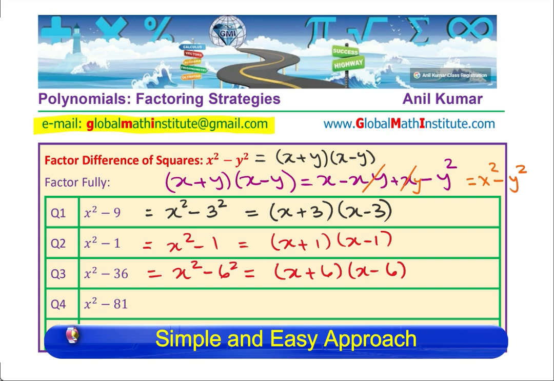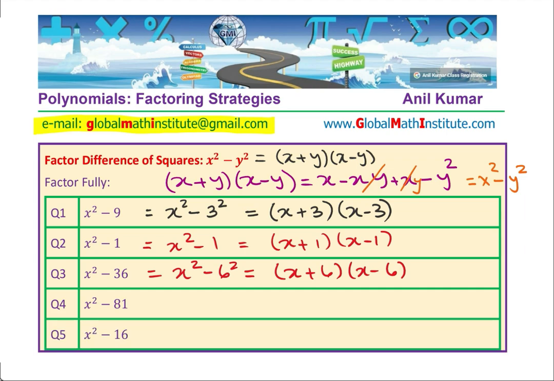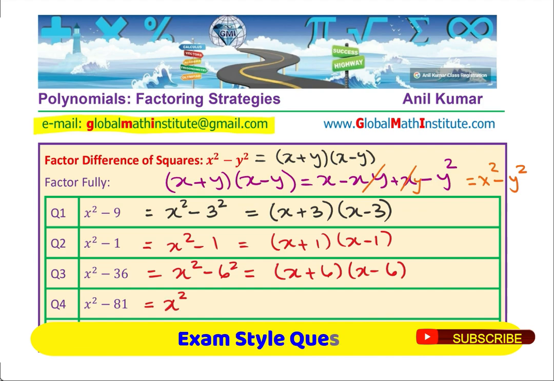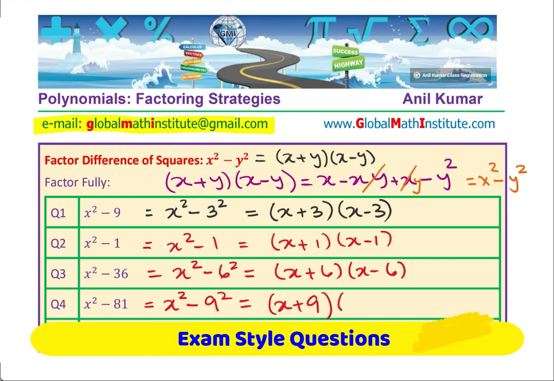I think it is perfect. So it is not very difficult, right? You can pause the video and answer the rest of the questions. Let's take up x squared minus 81. Well, it can be written as x squared minus 9 squared, which will be sum of x and 9 times difference of x and 9.